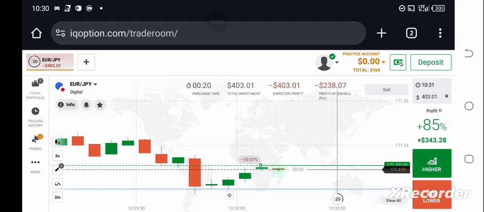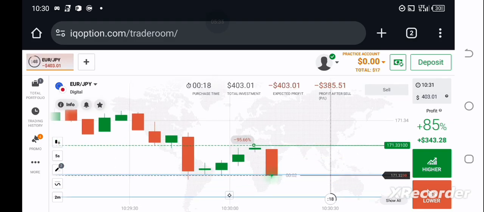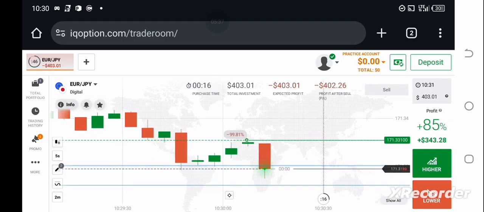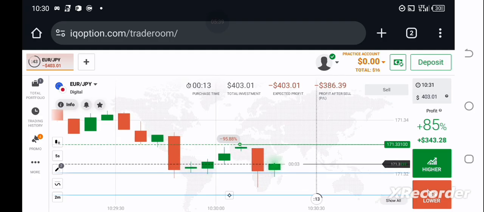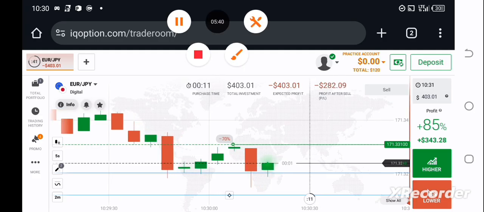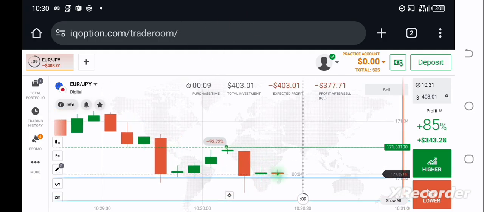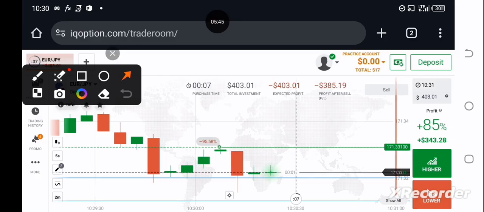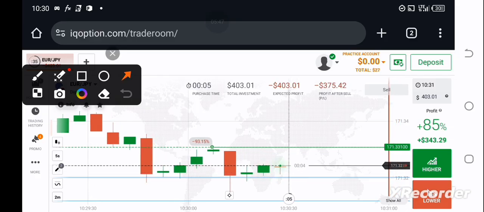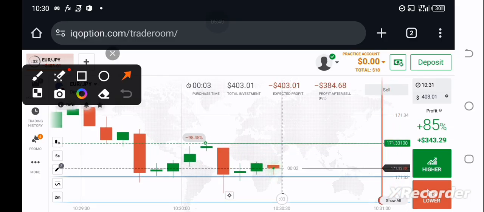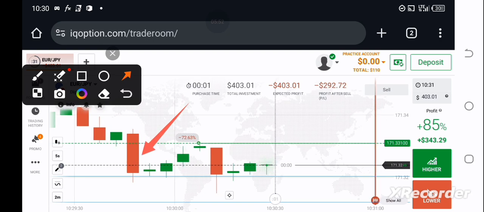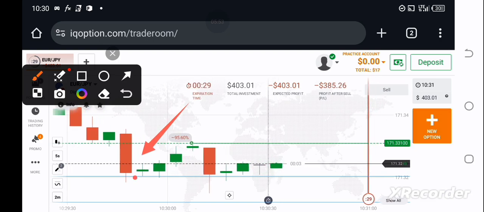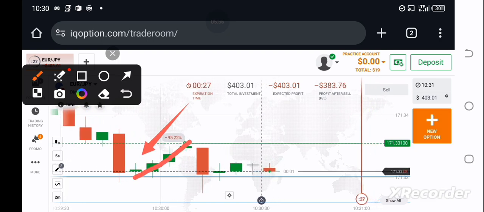Okay, so you can see upon approaching this area here, we are seeing a Marubozu candlestick and then a type of weak bullish movement.